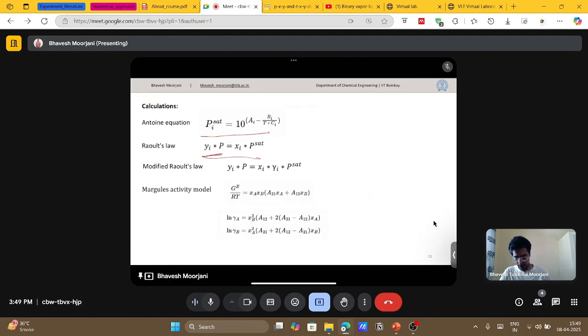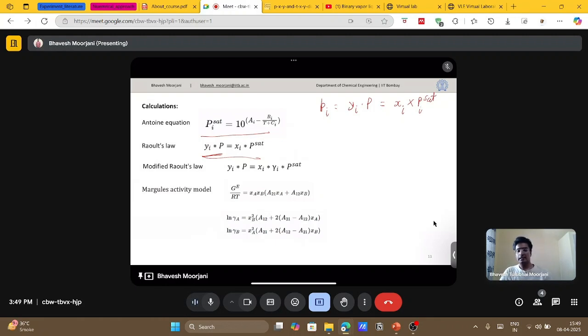So this is nothing but the partial pressure P_i, is equal to x_i, the mole fraction of the component in the liquid phase, times its vapor pressure value, right?